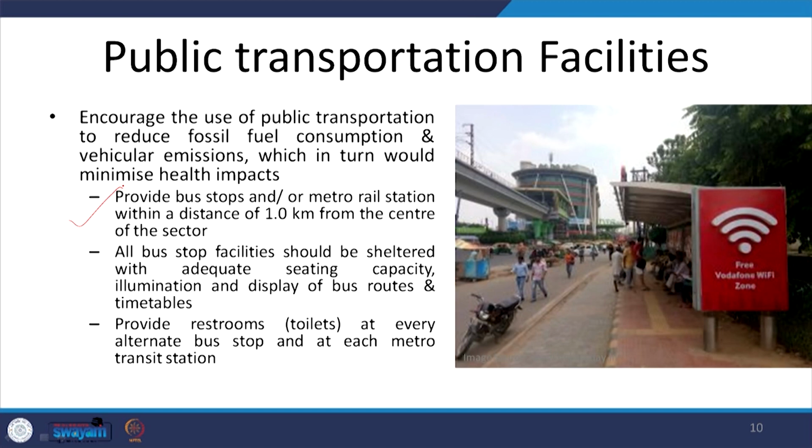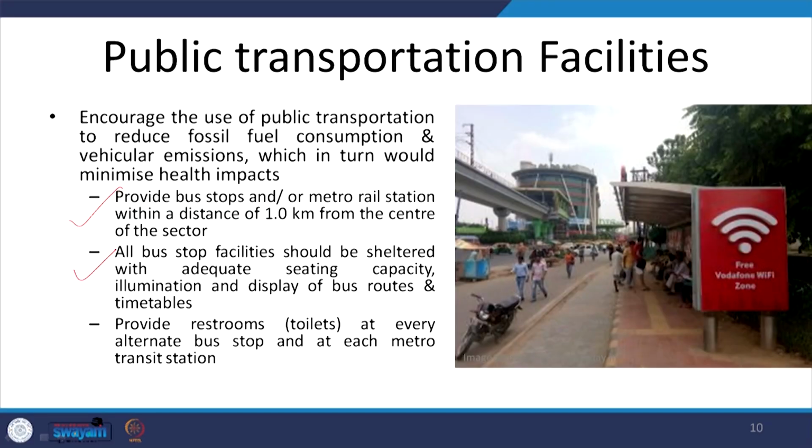When we are talking about a large development, within the site itself we may need to provide for public transportation. So, provision of bus stops on the site itself. In addition, the bus stop queue shelters should be adequately sheltered, with adequate seating capacity, illumination and also the display of bus routes and timetables for the ease and comfort of the users.